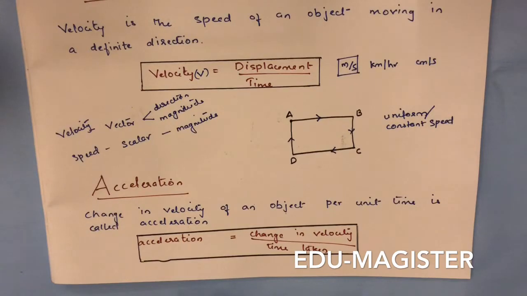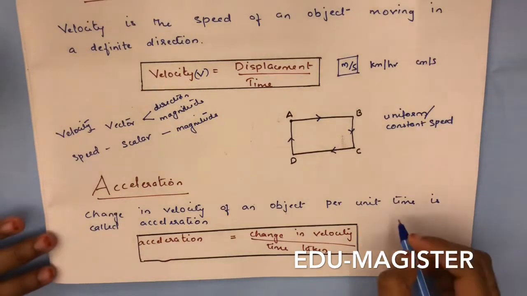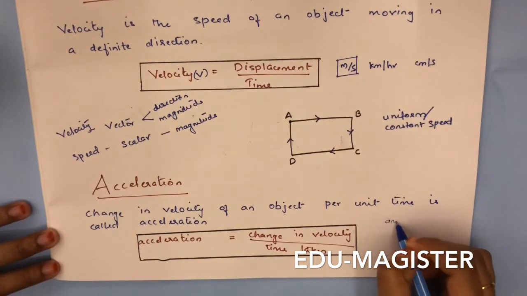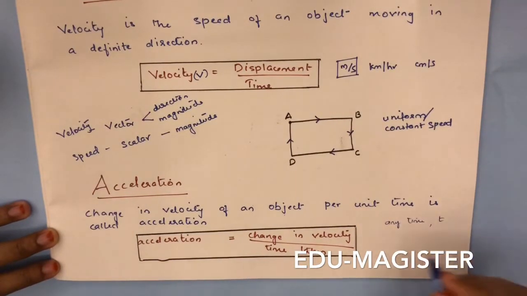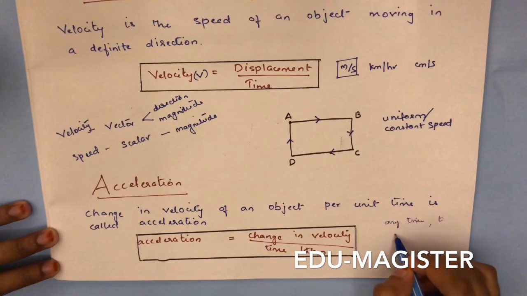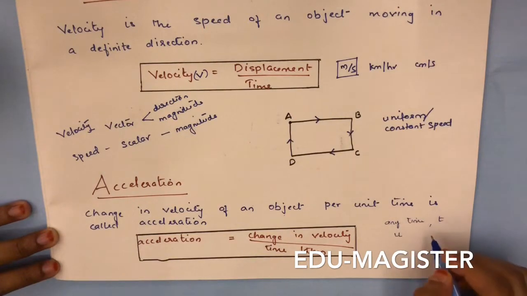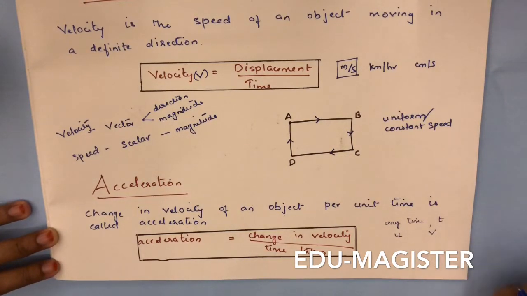So let's take any time interval t. During that time interval, the object will have an initial velocity, represented by u, and a final velocity, represented by v, right? You get the point?